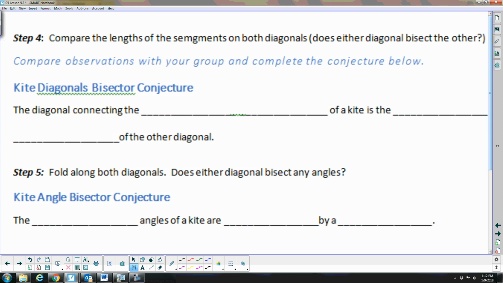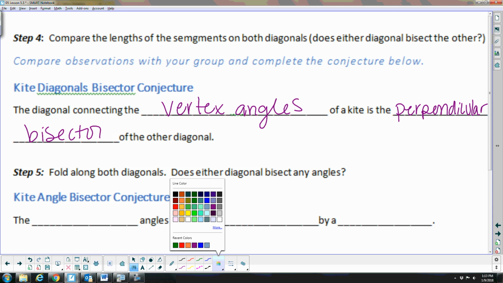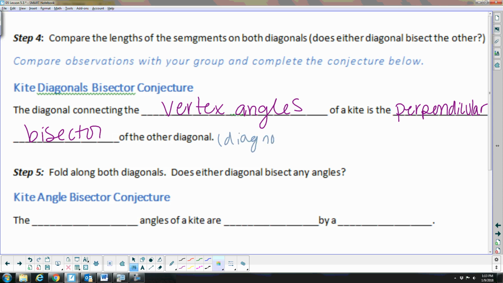So the diagonal connecting the vertex angles of a kite is the perpendicular bisector of the other diagonal, which is the diagonal connecting the non-vertex angles.